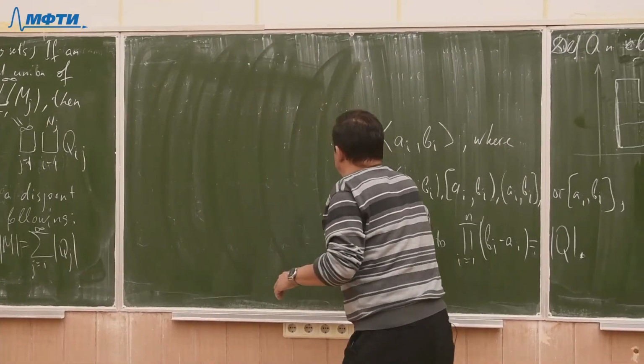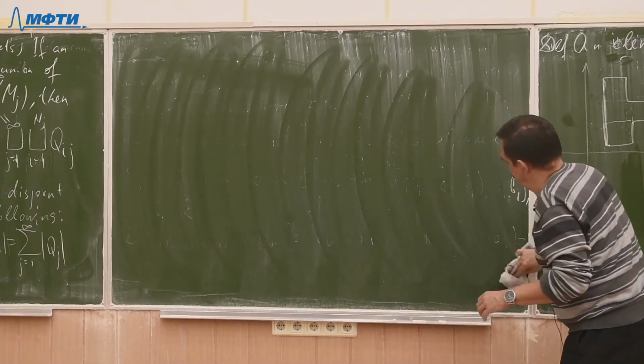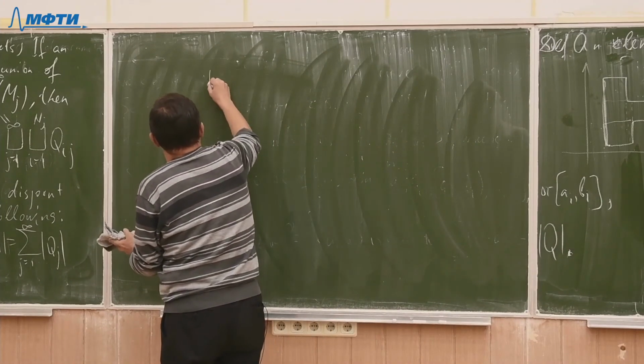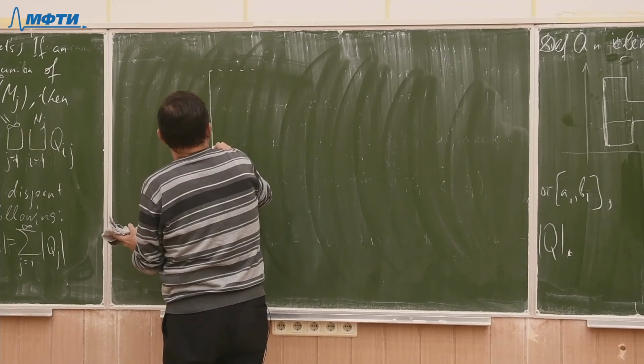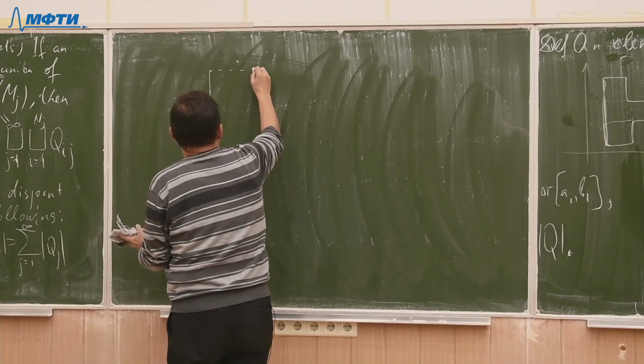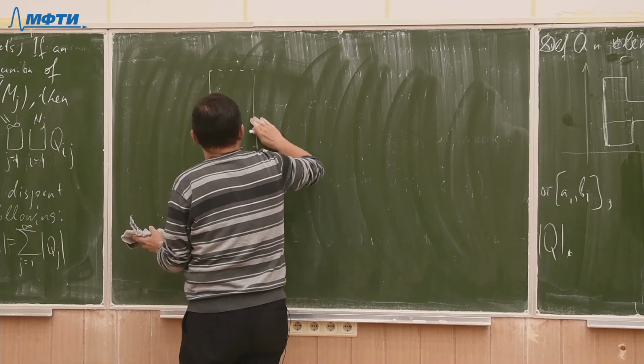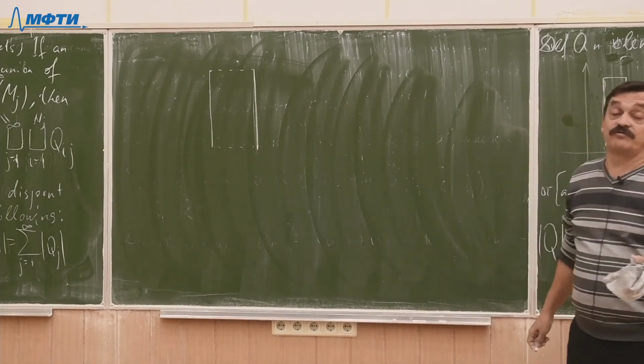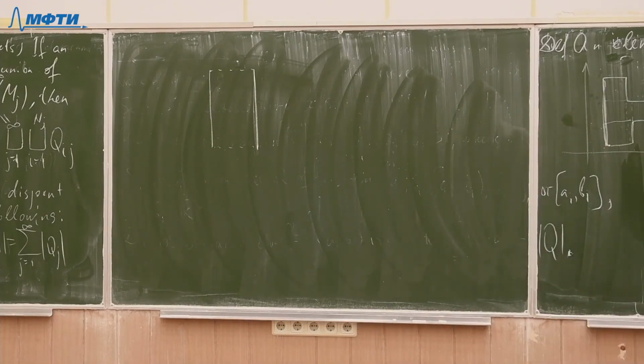So geometrically, what does it mean? Let me give a picture for R2. We have an interval; doesn't matter, maybe some of the boundaries are included, some of them are not.